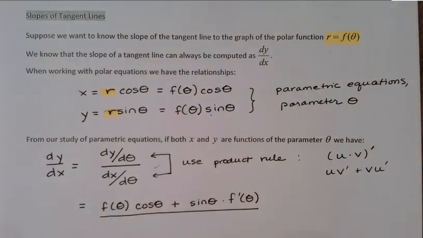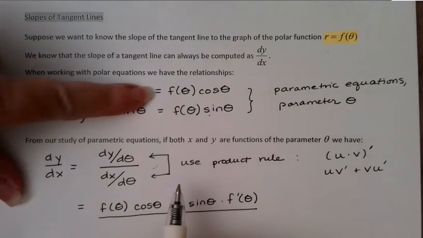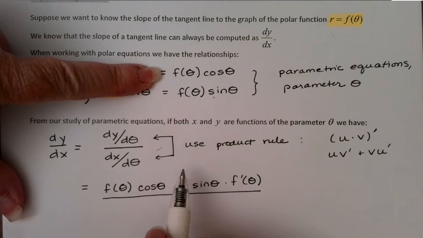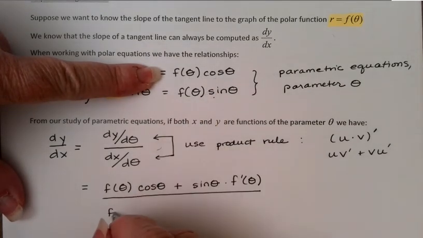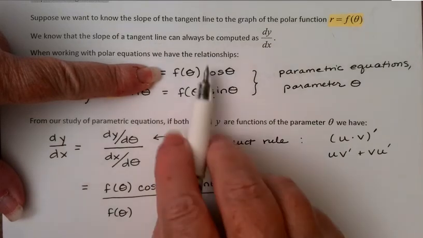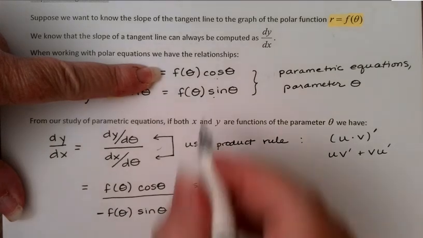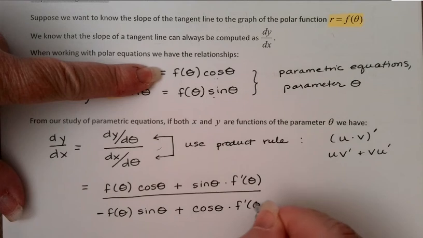Same idea on the bottom for dx d theta. There's x. Here's the product form. So when I go to do dx d theta, first times the derivative of the second would be f of theta times a negative sine theta. I'm going to pull the negative in front. Plus, second times the derivative of the first, cos theta times f prime of theta.